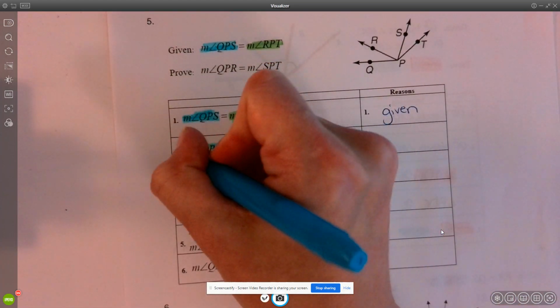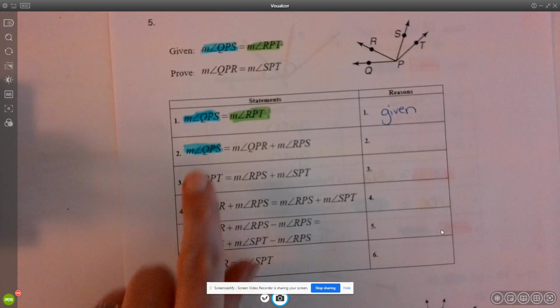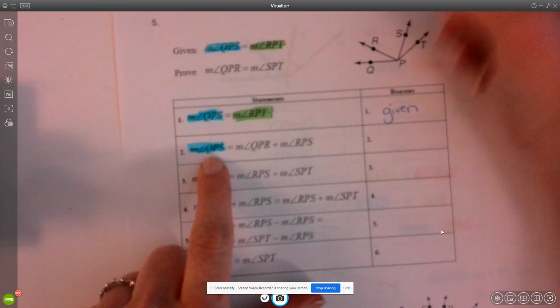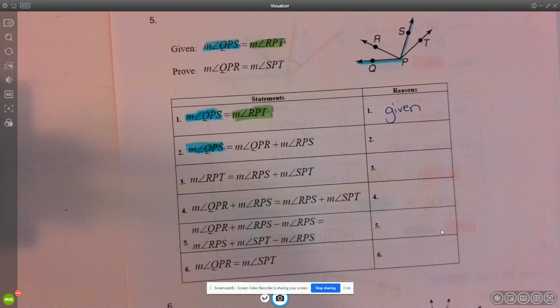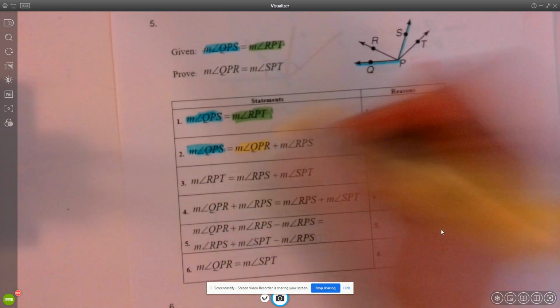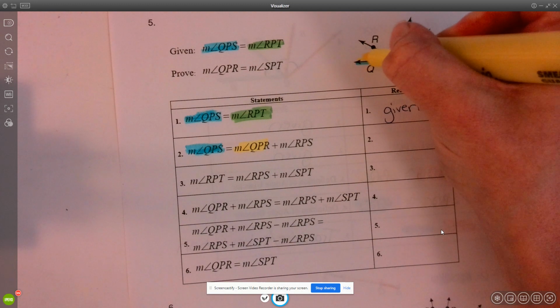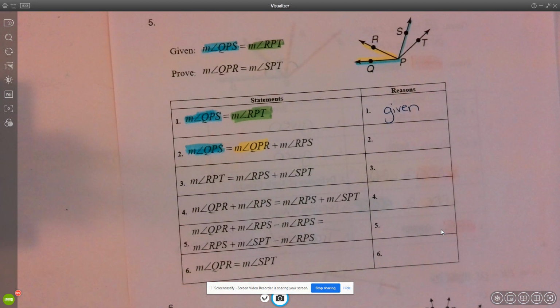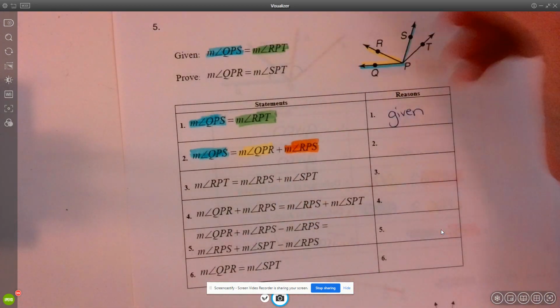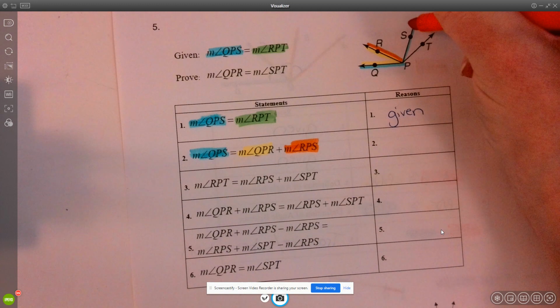So in statement 2, I've got the measure of angle QPS, so I'm going to highlight that in blue here. That's equal to the measure of angle QPR, that's this little guy, plus the measure of angle RPS. That's this one.